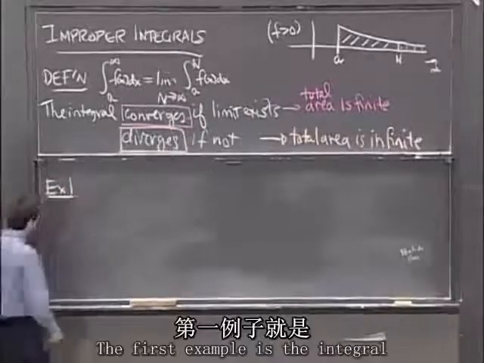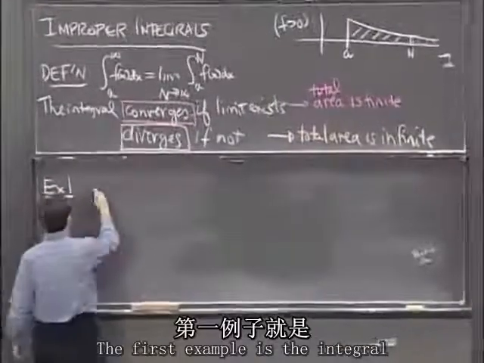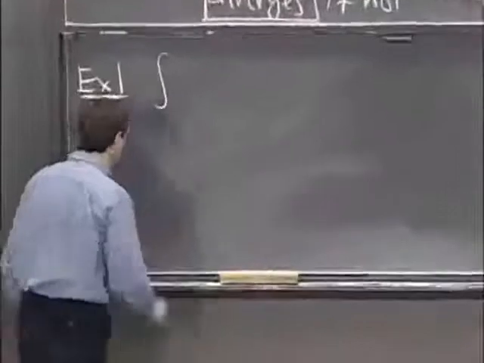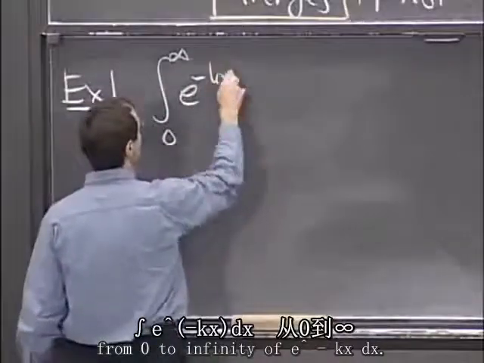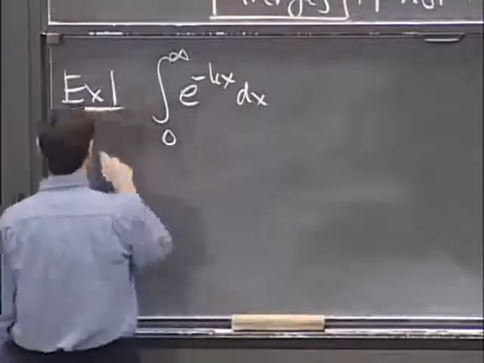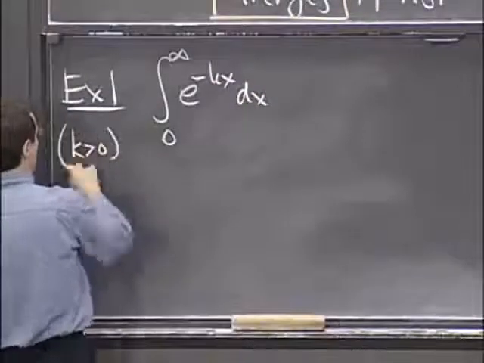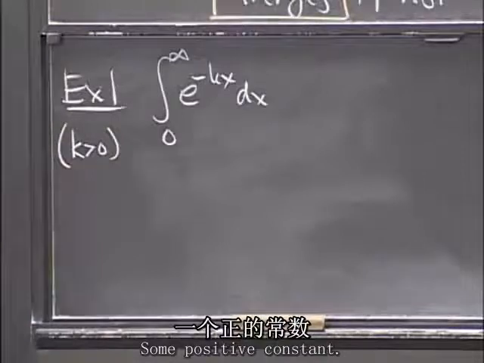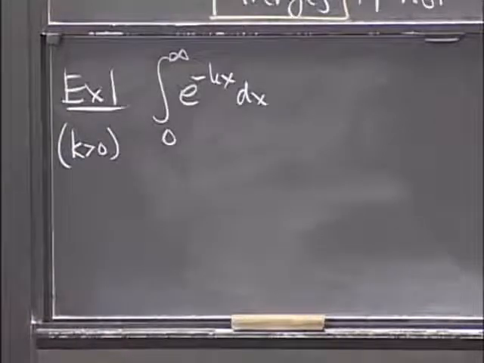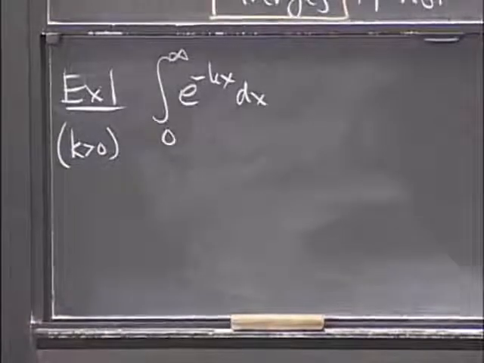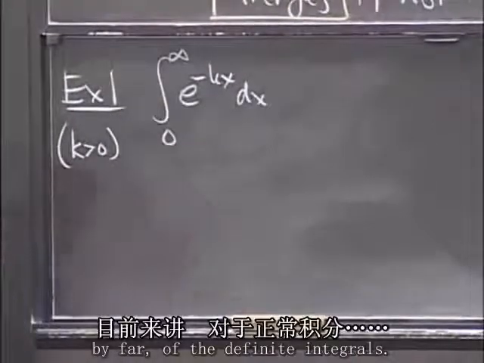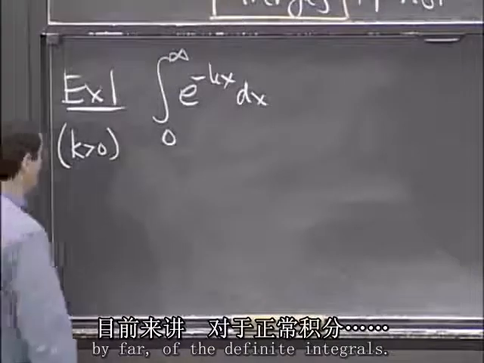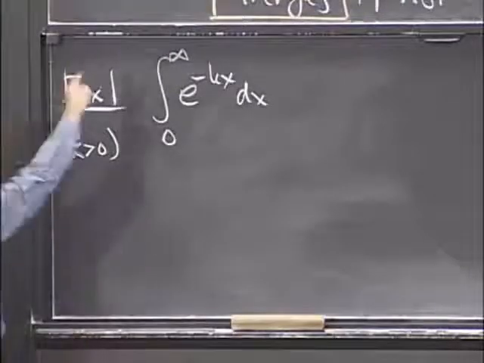The first example is the integral from 0 to infinity of e to the minus kx dx, where k is going to be some positive constant. This is like the most fundamental, by far, of the improper integrals.